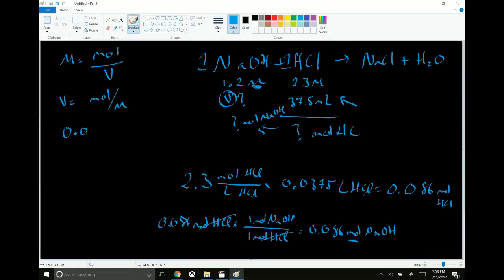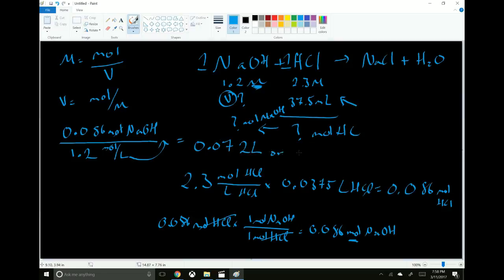So 0.086 moles of NaOH divided by 1.2 moles per liter. Moles cancel, liters comes up top. It's equal to 0.072 liters, or 72 milliliters. And that is our answer to that particular question.